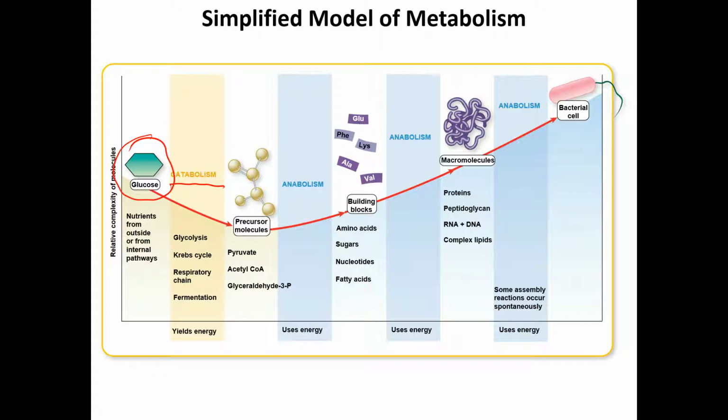Think about catabolism, think about breakdown. You're basically taking glucose and breaking it down into its individual components. You're stripping it of its energy, and the energy you're stripping it of is in the form of the chemical bonds that hold that particular molecule together. So you're basically removing electrons.